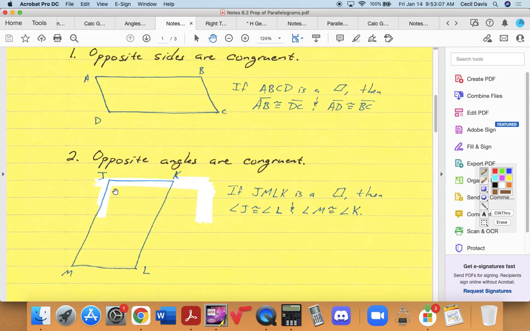I'm sorry? It looks obtuse. Which other angle looks obtuse? L. Those two angles that look obtuse are indeed both obtuse and both congruent to each other. The two that appear to be acute are acute and are congruent to each other. So we've got that going for us as well. And again, I think it kind of looks like it, so it's not super hard to remember that one.